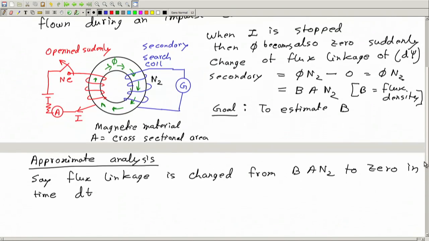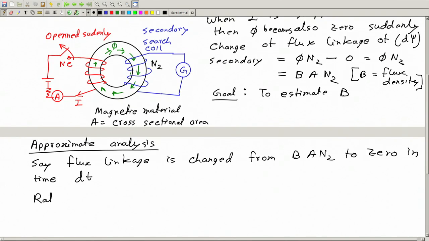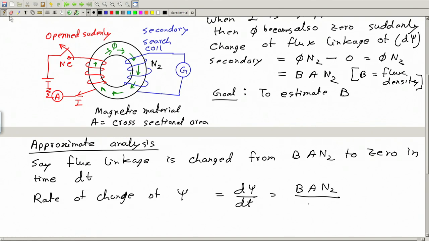Okay. Then the rate of change of flux linkage is dψ/dt, where dψ is nothing but BAN2, divided by dt or delta t.